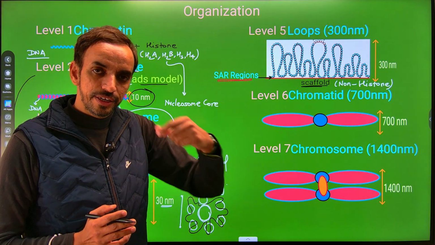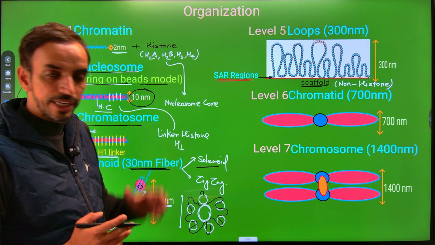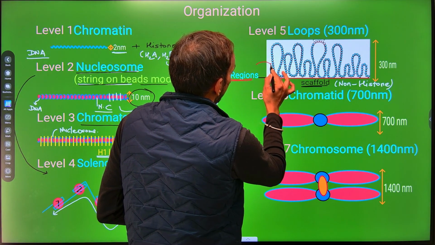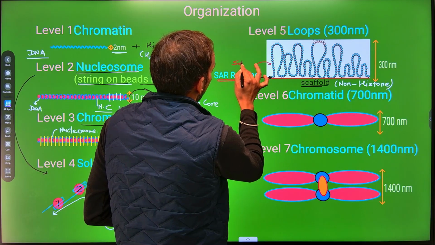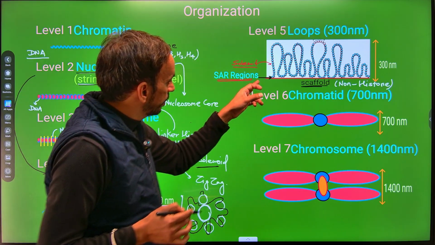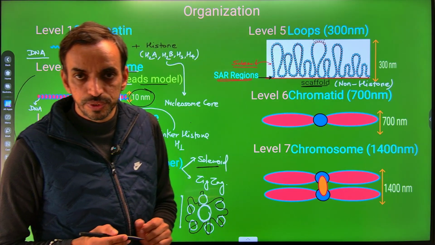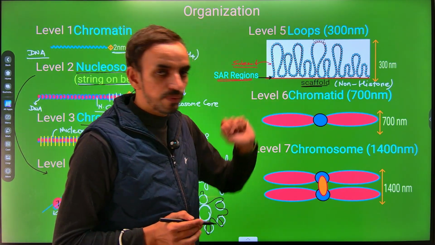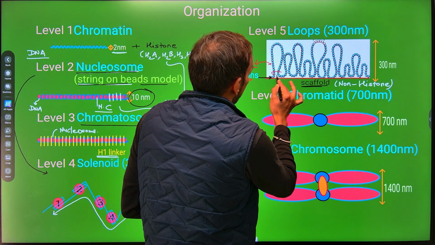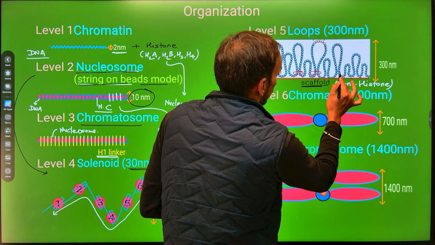Now the interaction of the scaffold protein with the 30 nm fiber will carry out further looping. Suppose we have a solenoid, and this solenoid will now coil in the form of loops on these scaffold proteins, or with the help of these scaffold proteins. These scaffold proteins help in the formation of these loops.